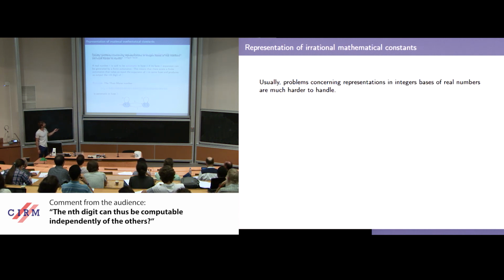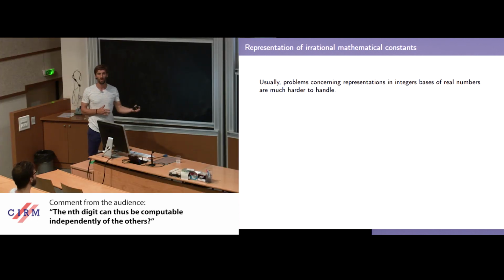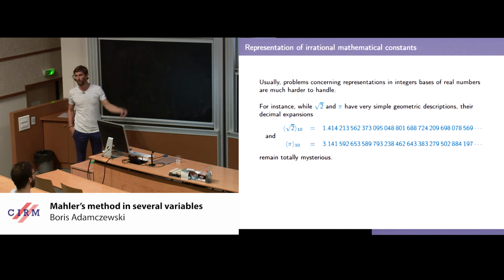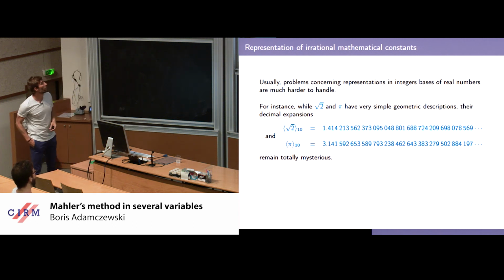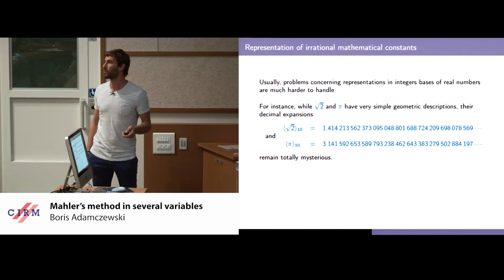So we have similar questions with the natural numbers, but usually they are much harder to handle. The situation with natural numbers is usually difficult, and here it's even harder. For instance, one of the questions people have is, if you start with the expansion of a classical constant like square root of 2 or pi, which can be easily defined in geometric terms, in contrast, we don't know many things about their digit expansions.